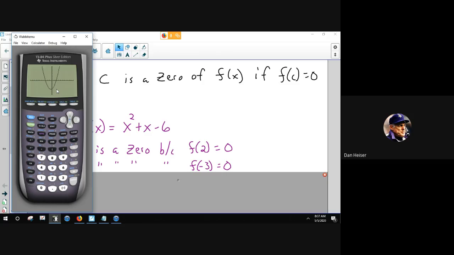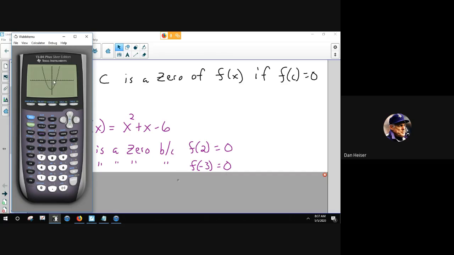Zeros of a function are the transition from where the function can go from positive to negative. It's not always true, but usually it is. Here, to the left of negative 3, the function is positive.